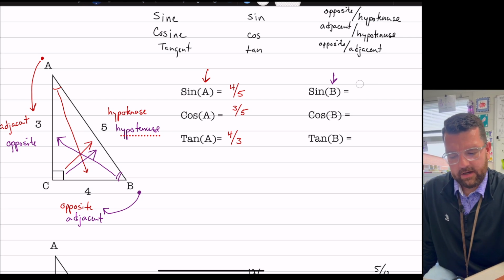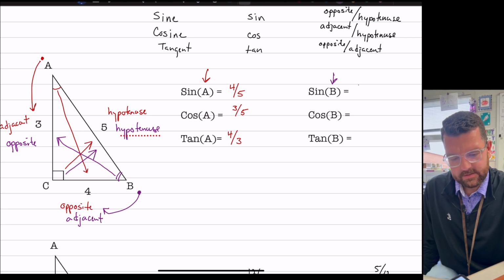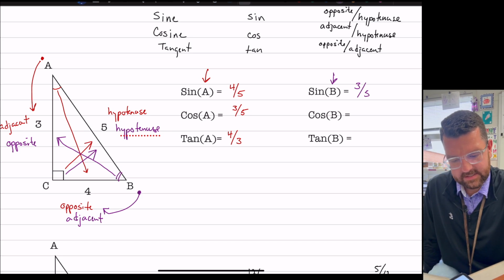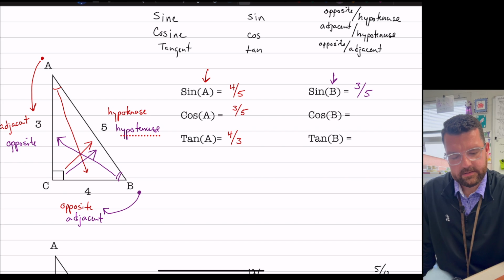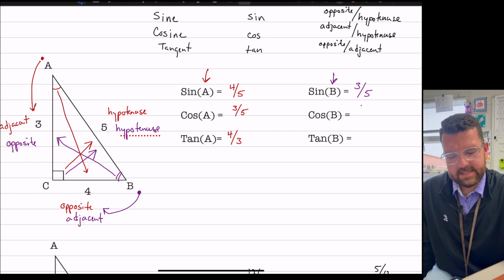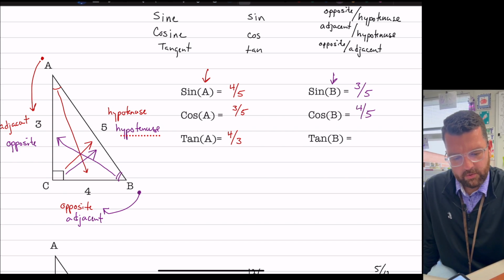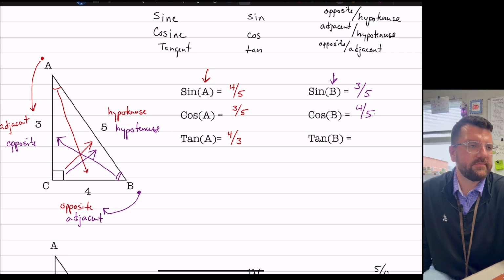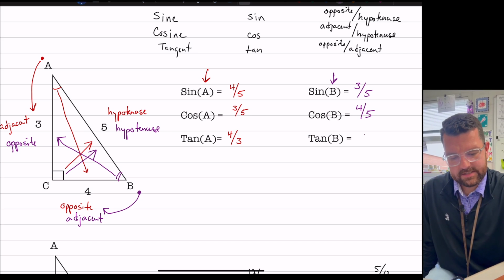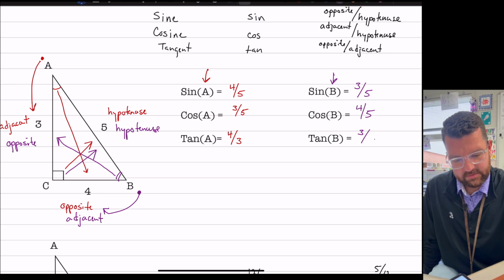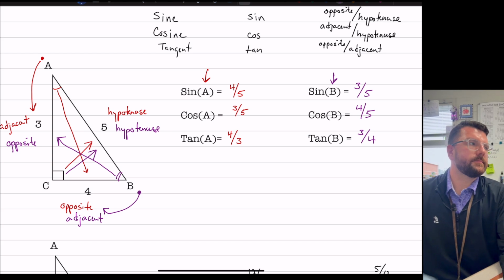Sine is the opposite over hypotenuse. So now the opposite side is 3. My hypotenuse is still 5. Cosine is the adjacent, which is now 4 over the hypotenuse of 5. And tangent is the opposite, which is 3 over the adjacent, which is 4 now.